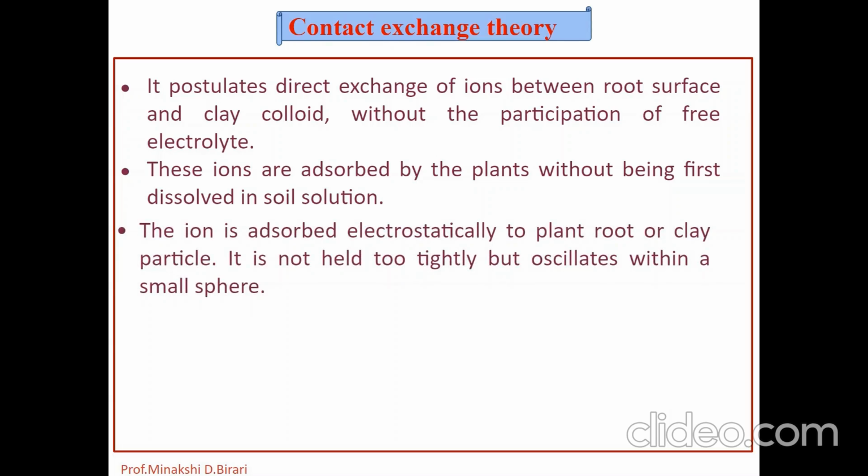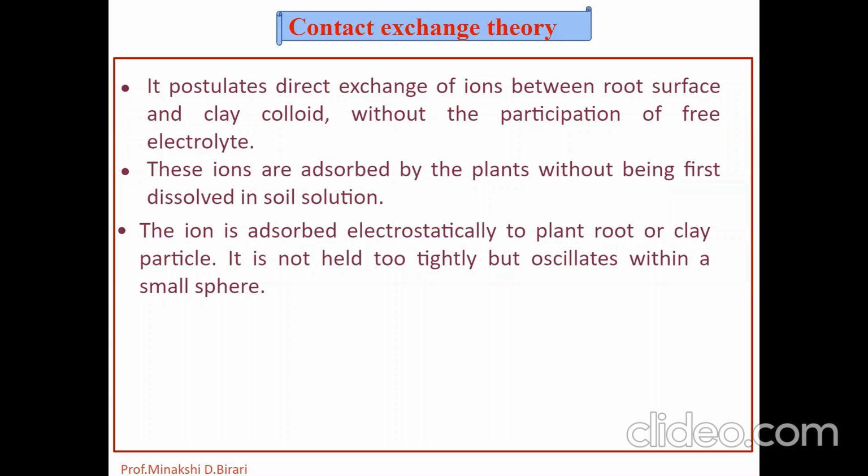The ion is adsorbed electrostatically to plant root or clay particle. It is not held too tightly, but it oscillates within a small sphere. So this theory is explained as an overlapping of oscillation spaces of adsorbed ions.